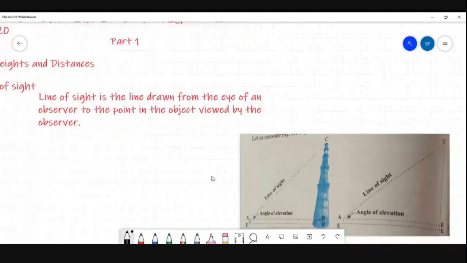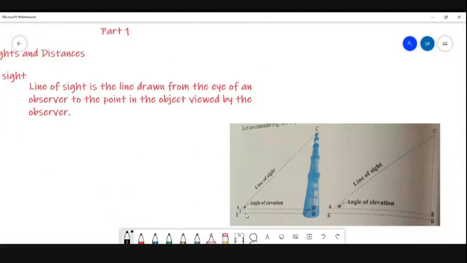So here you can see in the figure, if a person is standing here at this position A and watching an object at the top of this tower, then the line drawn from the eye of the observer, an imaginary line, is called line of sight.